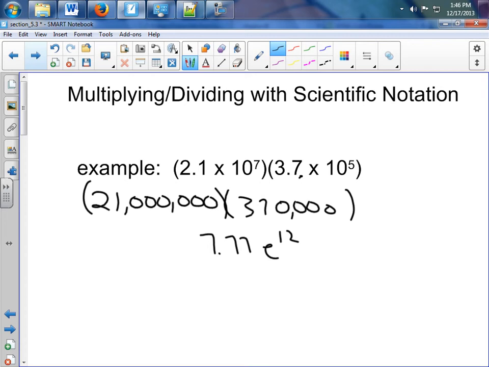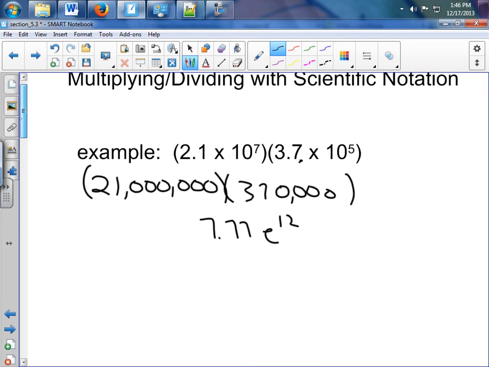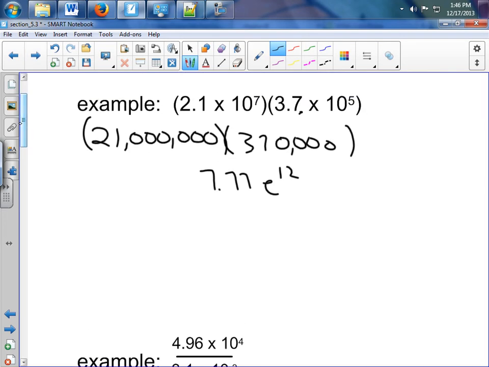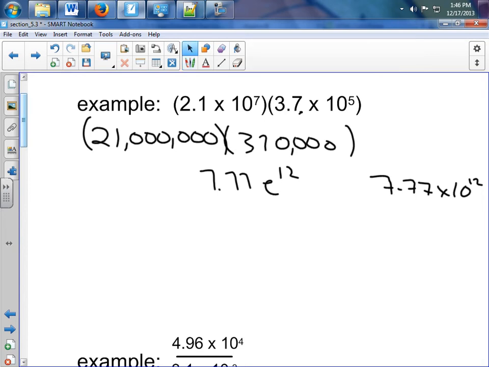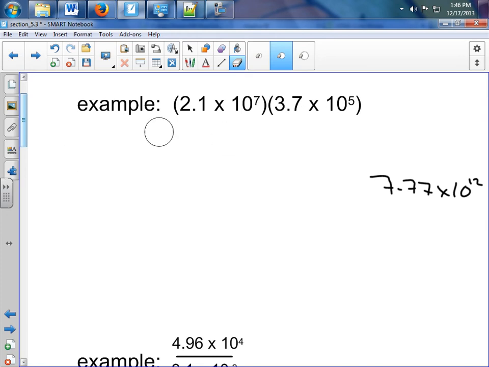So when we multiply these, we better get this answer, which turns out to be 7.77 times 10 to the 12. Calculators don't naturally write it that way. When they throw an E in there, that tells you 12 zeros. We don't want to do that all the time. Imagine if we didn't have calculators and had to multiply these.